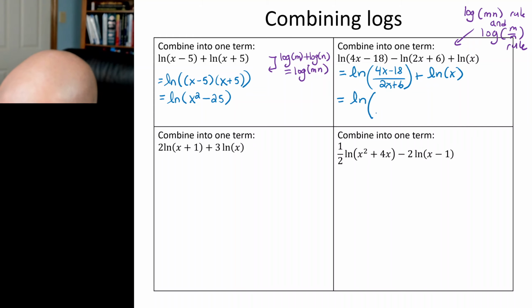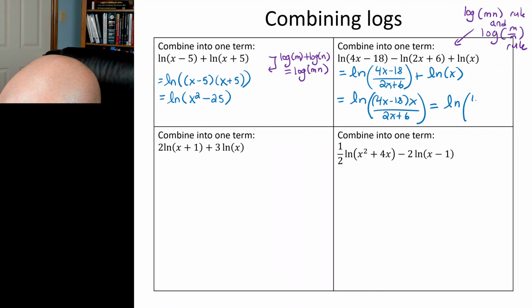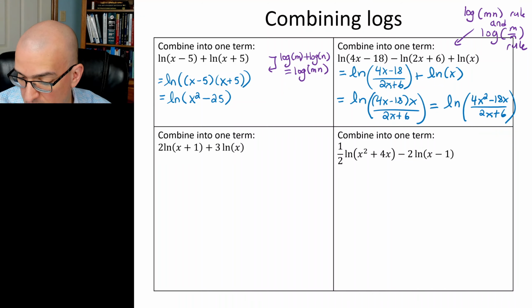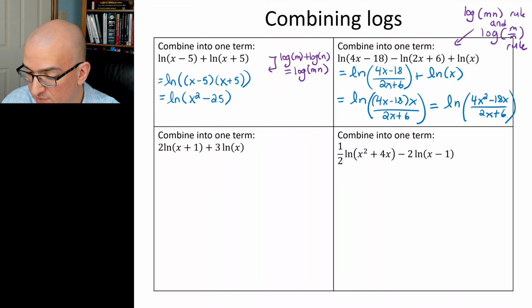So the ln of 4x minus 18 times x over 2x plus 6. And we can simplify. This is the ln of 4x squared minus 18x all over 2x plus 6. You can factor out a 2 from the top and bottom if you want and cancel it, but you don't have to.